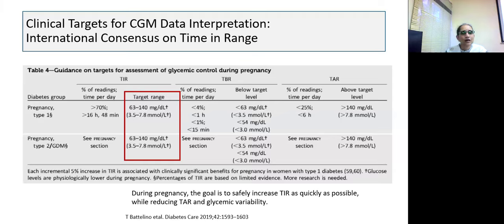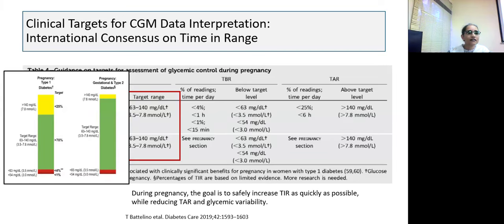With regard to managing diabetes in pregnancy, because we need tighter glycemic control, we have lower targets, that is 63 to 140 rather than 70 to 180 for our routine type 1 and type 2 patients. So it is 63 to 140 in pregnancy complicating type 1, type 2 diabetes or gestational diabetes.